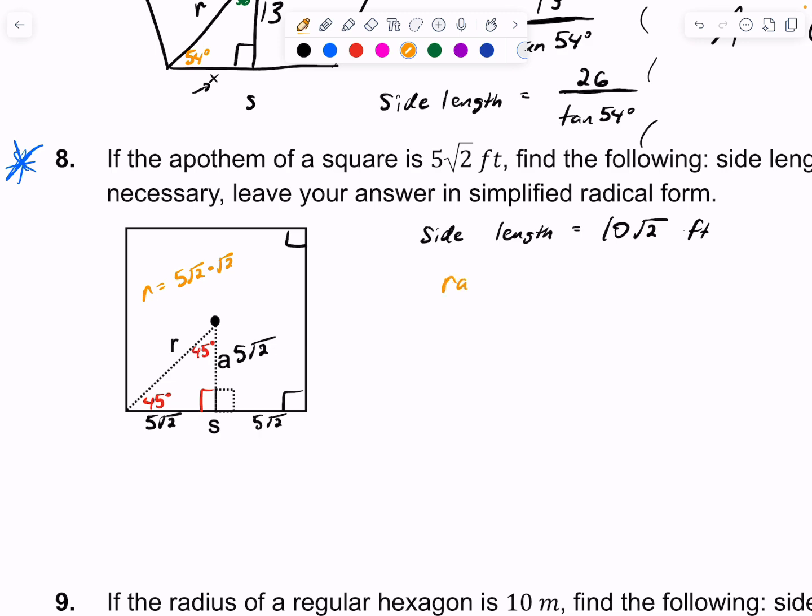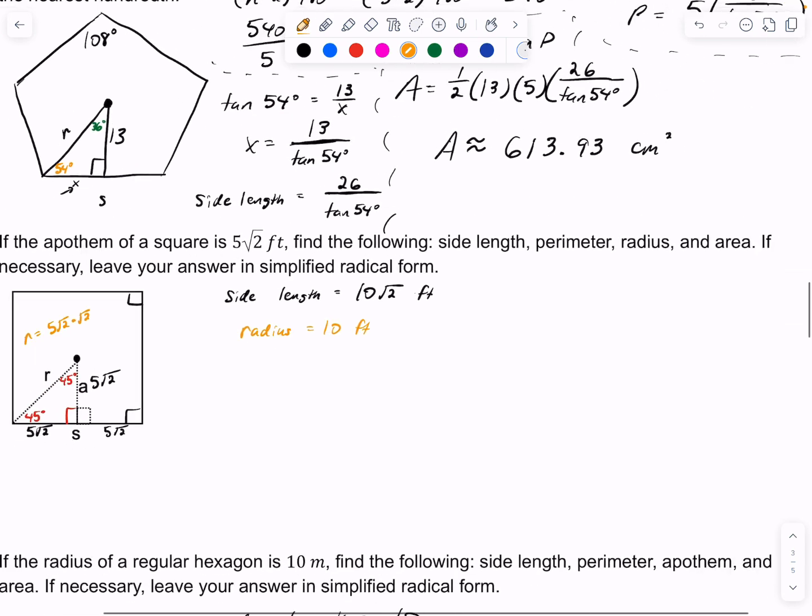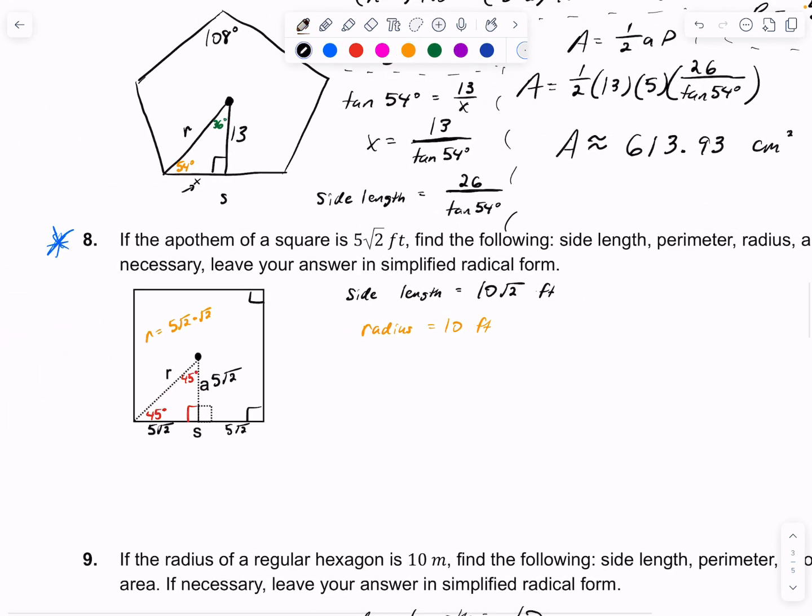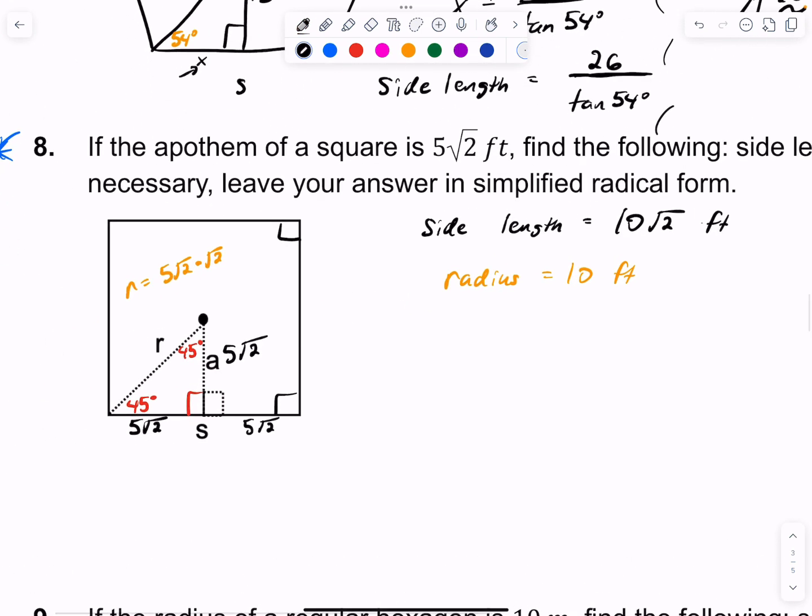So our radius is going to be 10 feet. Next thing is the perimeter. The side length is 10 root 2, and there's 4 of them. So 4 times 10 root 2 will give us the perimeter, which is 40 root 2 feet.